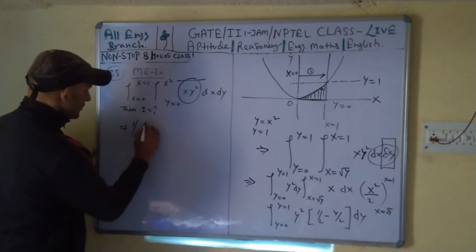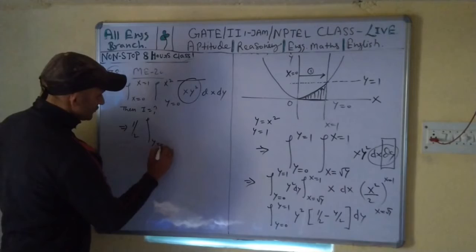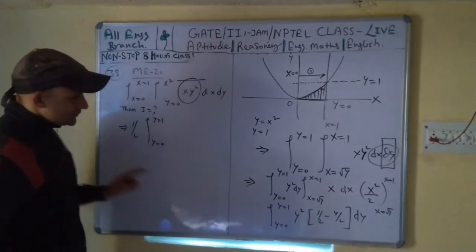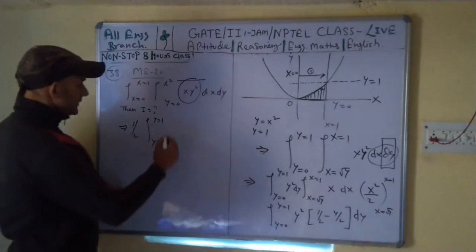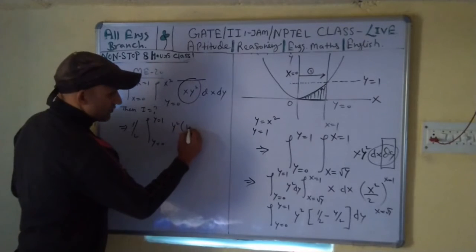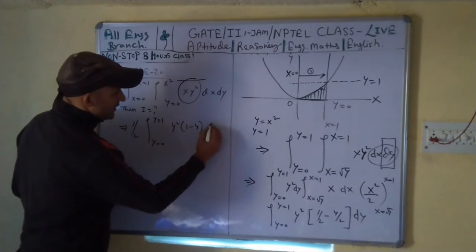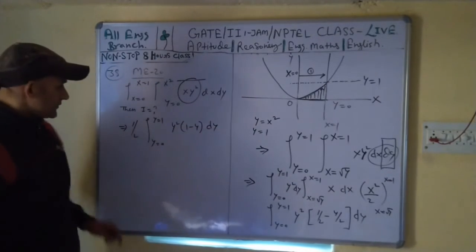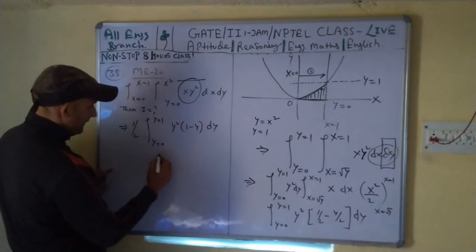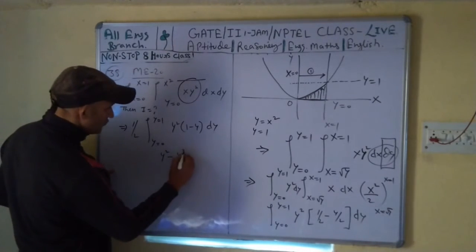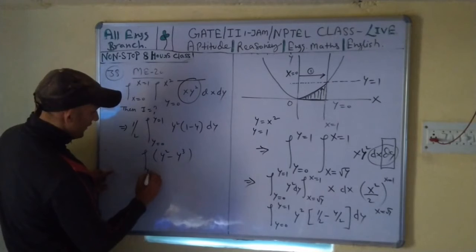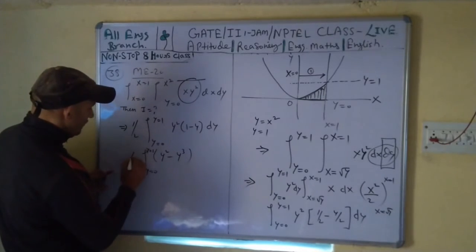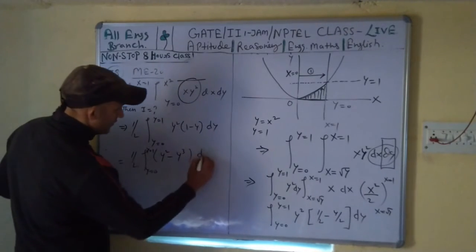Then your integration, y is equal to 0 to y is equal to 1, y square times 1 minus y, dy. Now you can integrate: multiply, y square minus y cube, integration from y is equal to 0 to y is equal to 1, 1 upon 2, dy.